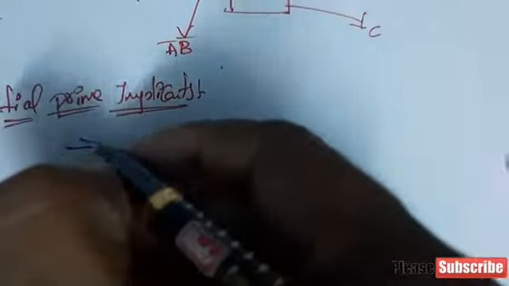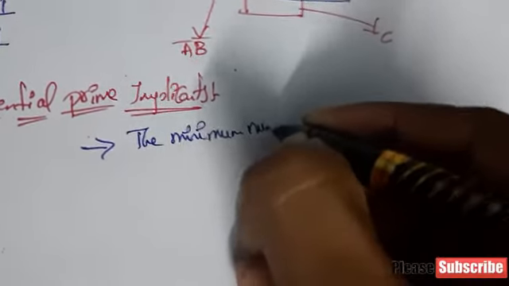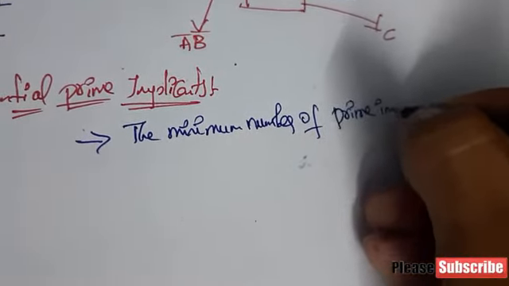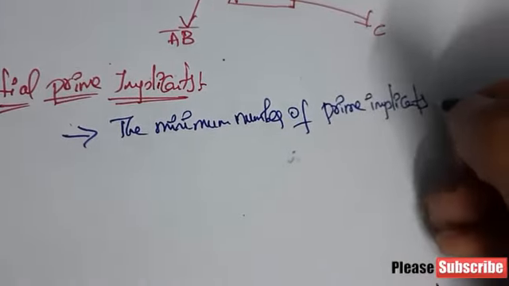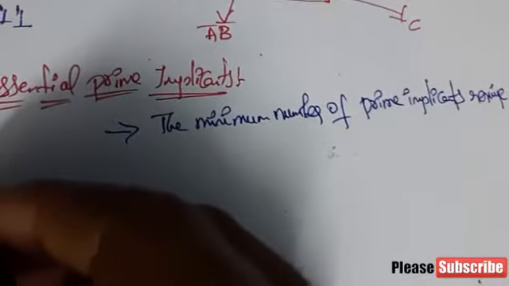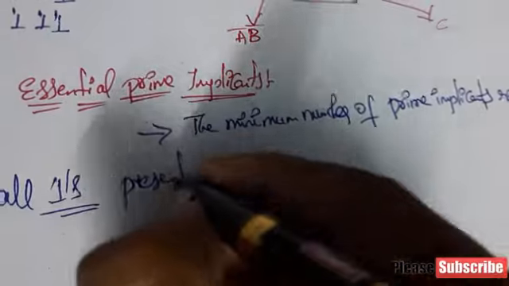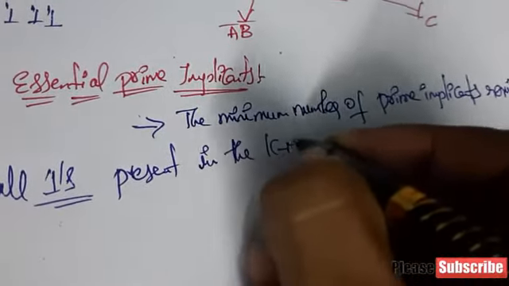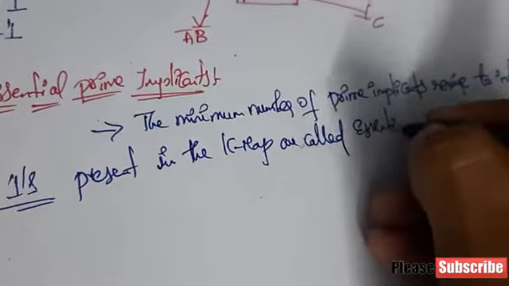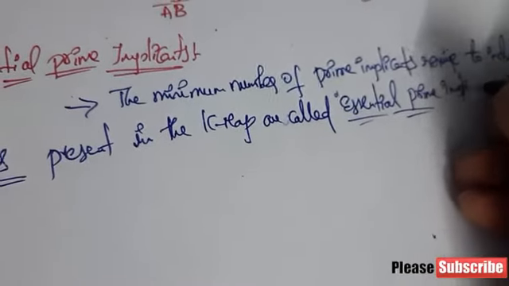That means the minimum number of prime implicants required to include all ones present in the K-map are called essential prime implicants.